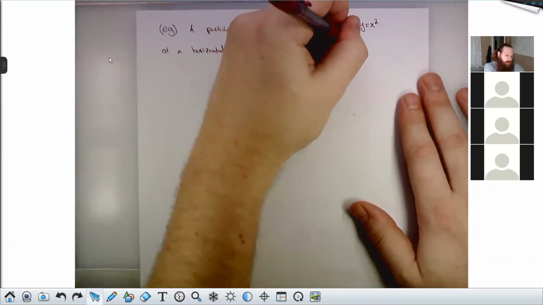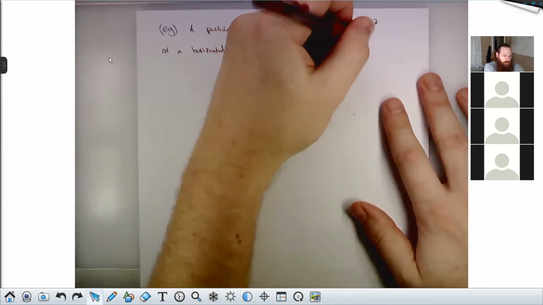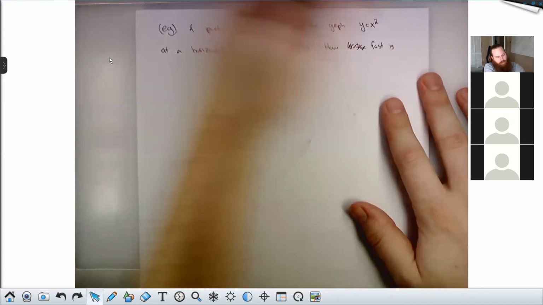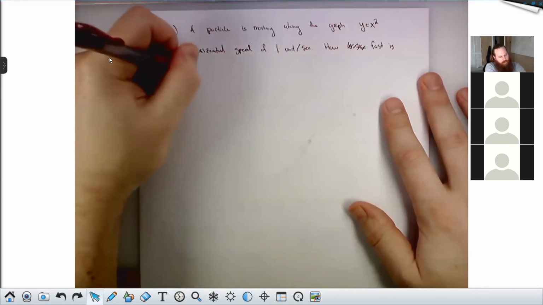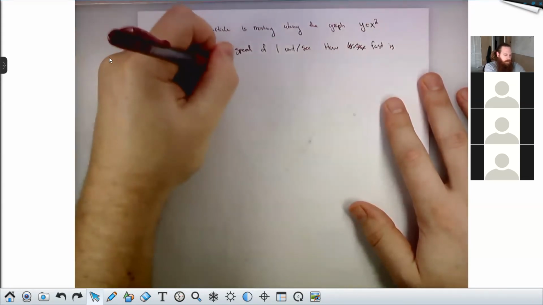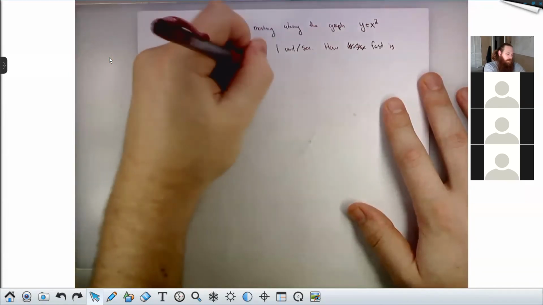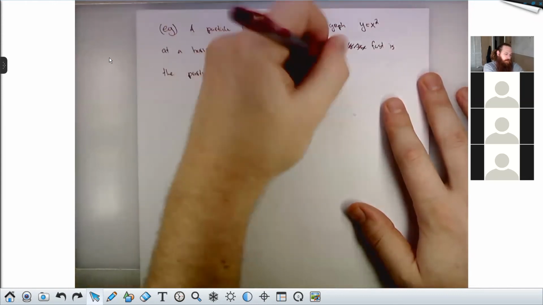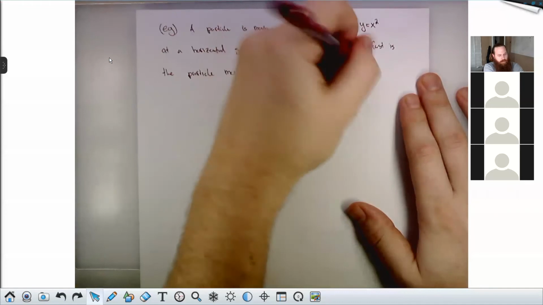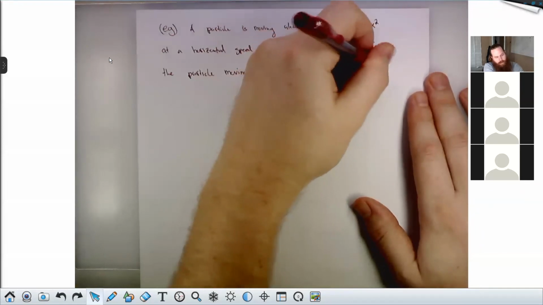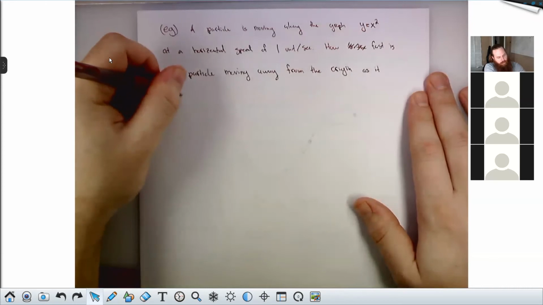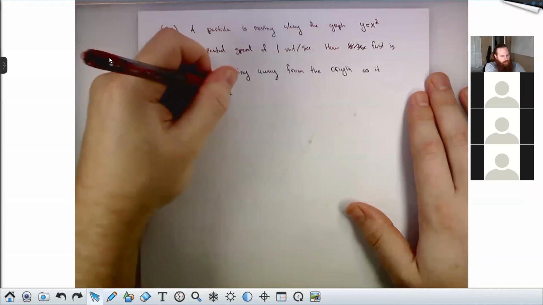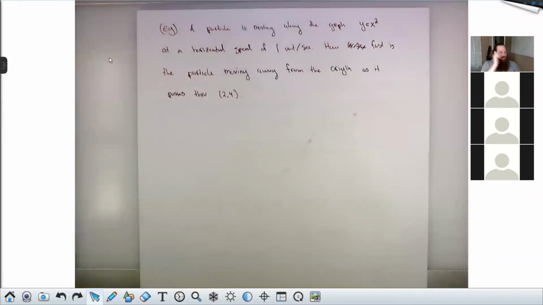How fast is the particle moving away from the origin as it passes through (2, 4)?